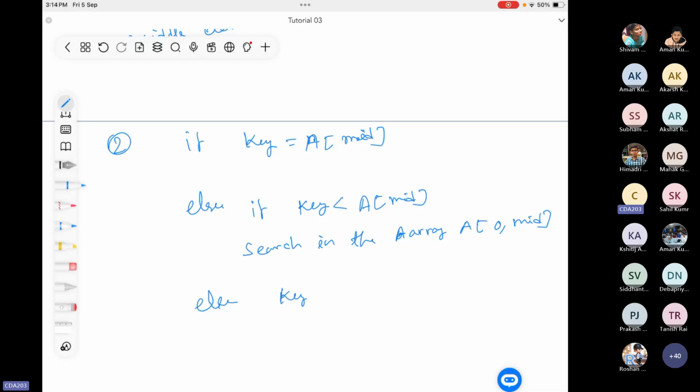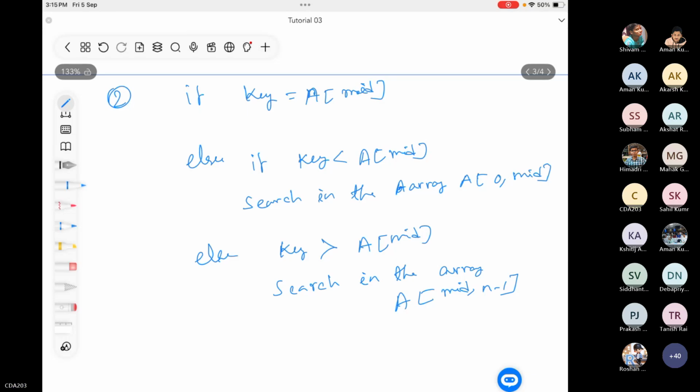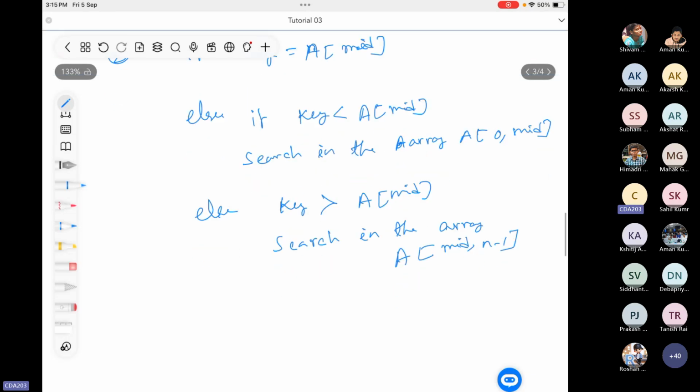If the opposite happens, that the key is greater than array mid, then you search the right part up to array n-1. This is the step.